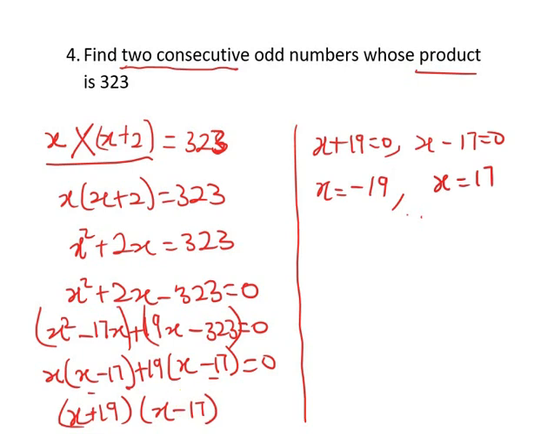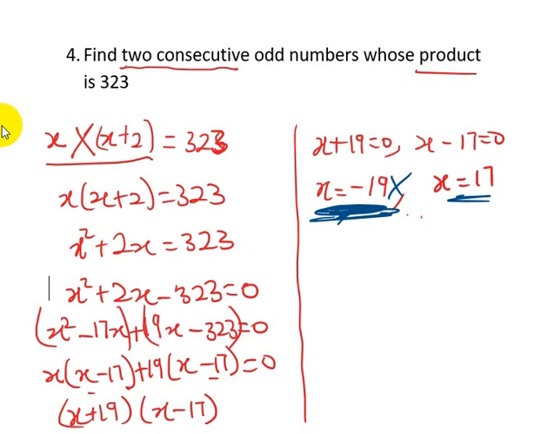Now the answer, the two consecutive numbers cannot be minus 17, minus 19. It cannot be minus 19 because they say odd. They did not say negative odd numbers. So we are talking about positive odd numbers. So it cannot be minus 19. But let's look at 17.